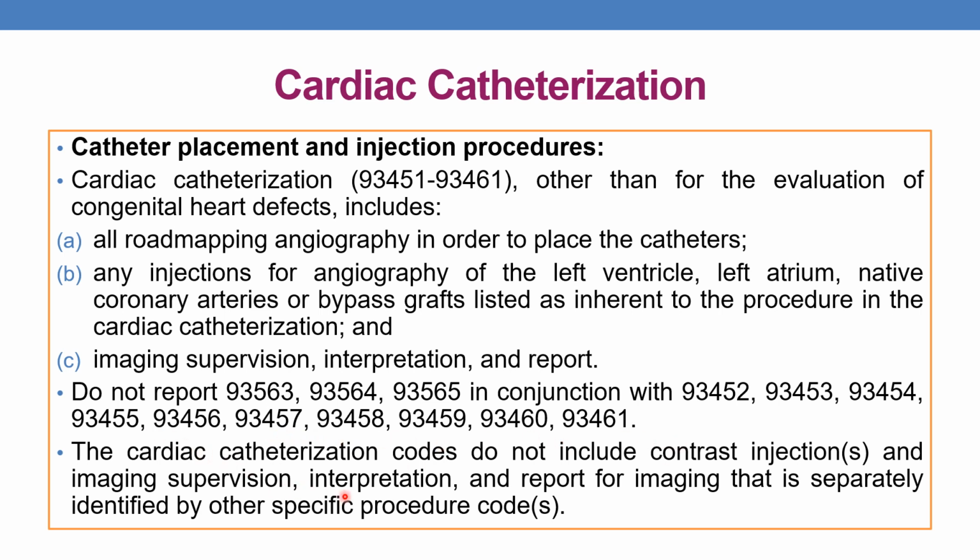The cardiac catheterization codes do not include contrast injections and imaging supervision, interpretation and report for imaging that is a separately identifiable procedure. They include any injection for angiography, but they do not include contrast injection and image supervision, interpretation and report for imaging that is a separately identifiable procedure.